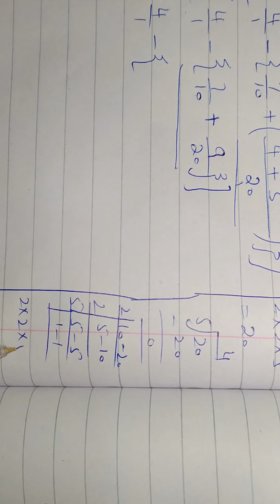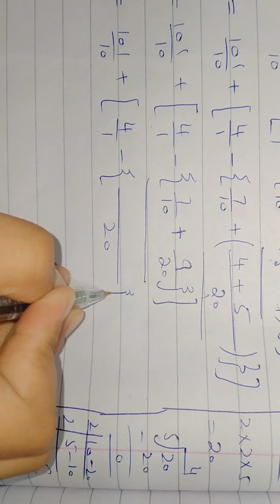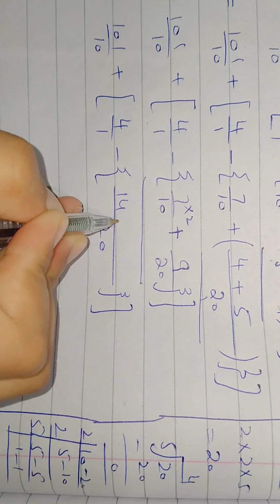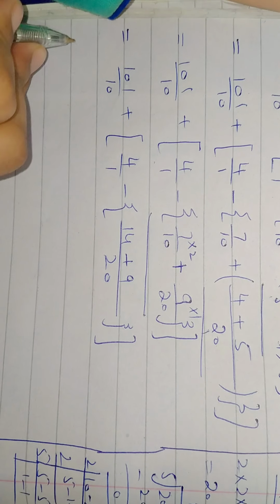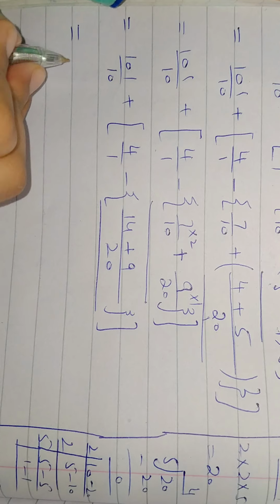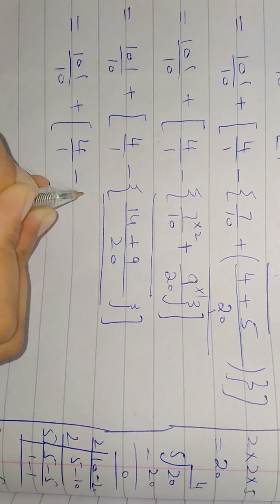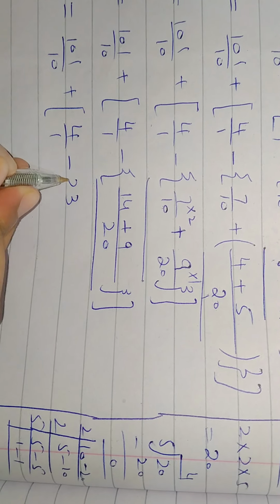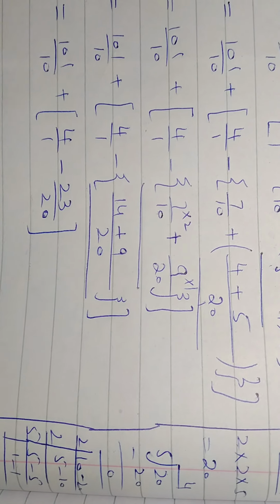Factors are 2, 2 and 5, 2 2s are 4, 4 5s are 20 is the LCM. 10 2s are 20 and 2 7s are 14. 20 1s are 20, 1 9s are 9. Again we have to solve the curly bracket. 4 by 1 minus 14 plus 9, 23 by 20. We got one value, so the curly bracket will be finished or closed.